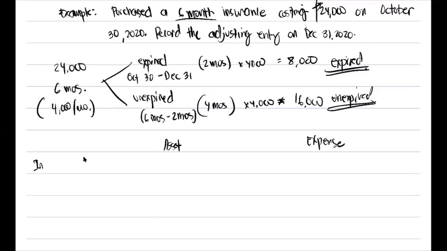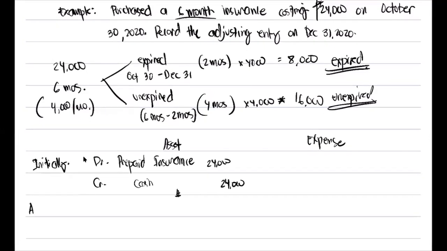So initially, how do we record the prepayment in your asset? Initially, we record it as an asset. Therefore, we debit prepaid insurance because the asset is an insurance amounting to 24,000 and i-credit to cash for 24,000 pesos. And then, we also record now our adjusting entry. In our adjusting entry, what did we say under asset method? We go back.